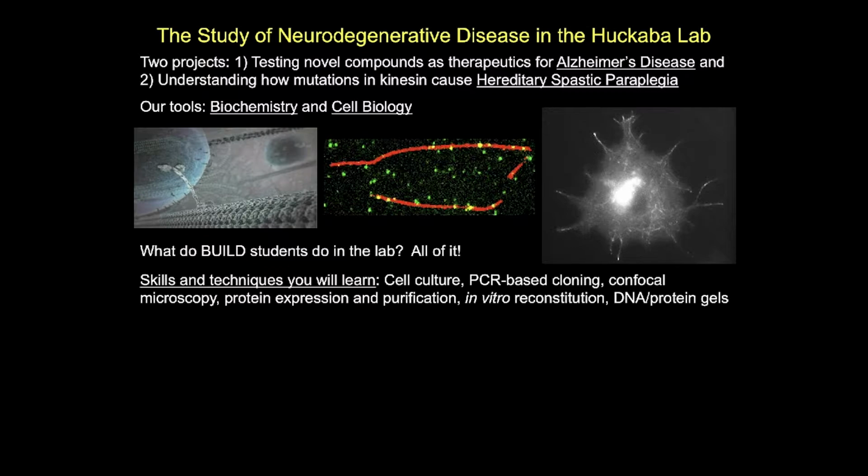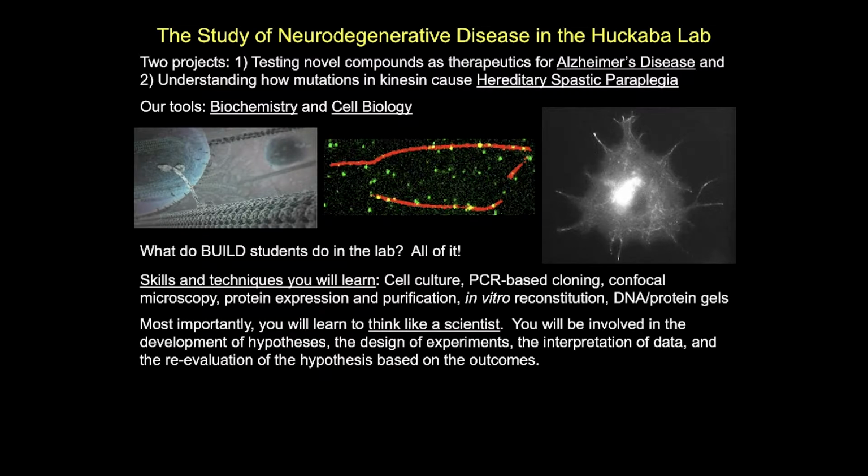And just as importantly, I think the other thing that I really stress in the laboratory is getting my students to think like scientists. I mean, you've heard discussion of the scientific method where you have a hypothesis and then you design experiments to test your hypothesis and you take that data to refine the hypothesis based on the outcomes of those experiments. Well, in the lab, I am constantly asking questions of students.